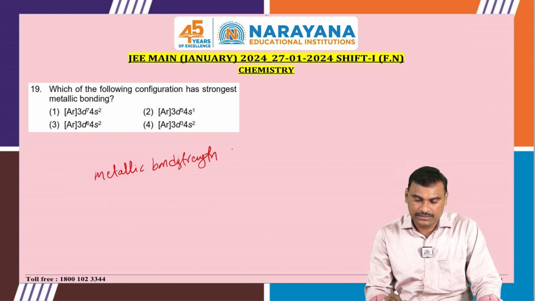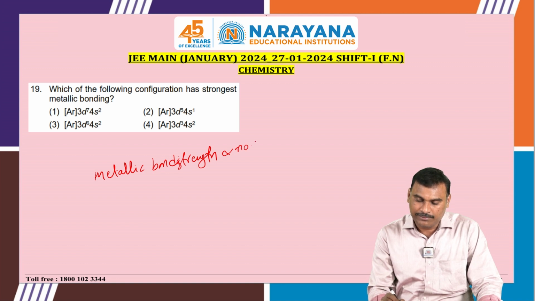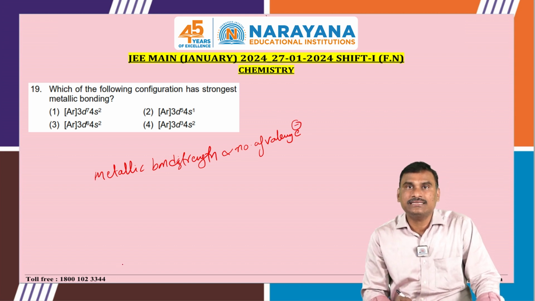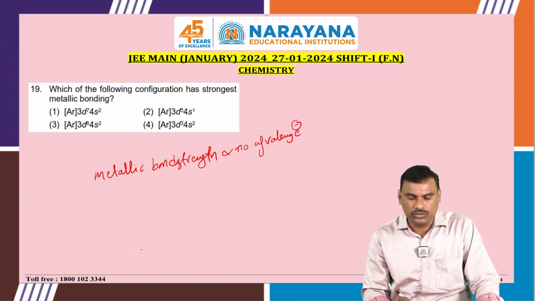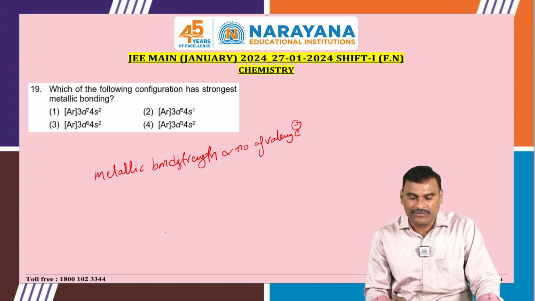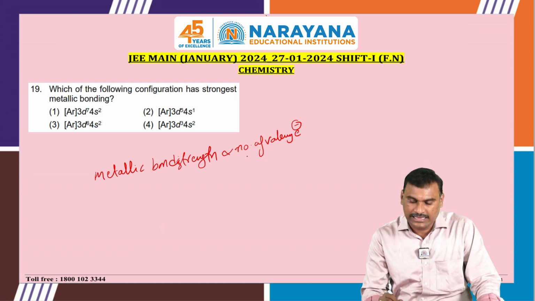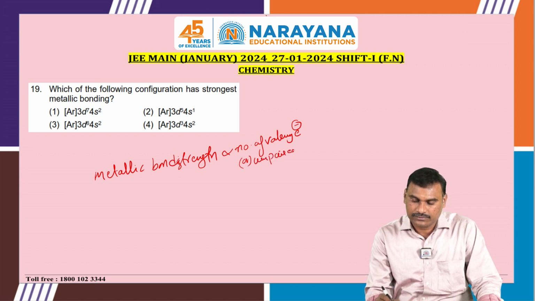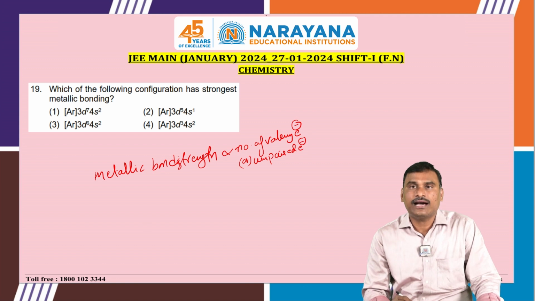Metallic bond strength is directly proportional to the number of valency electrons. In option 2, you see the maximum number of unpaired valency electrons.